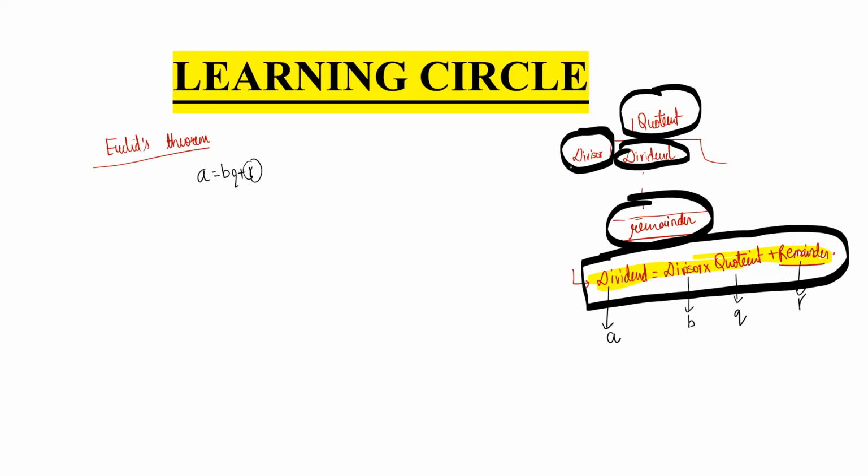Why? If it is equal to the divisor, the divisor will divide it. So the condition is that the remainder is greater than or equal to 0, but less than B, the divisor.